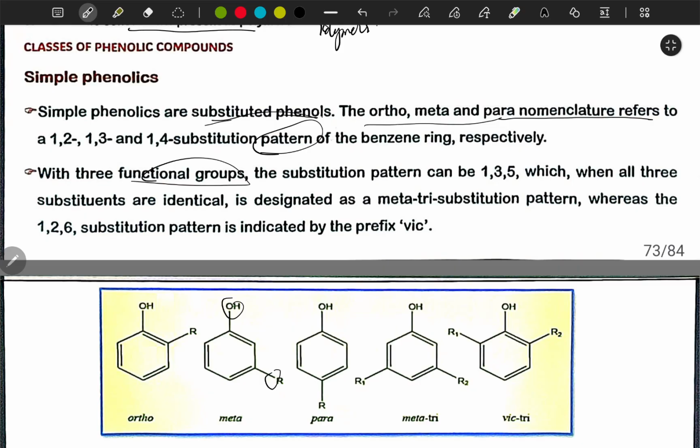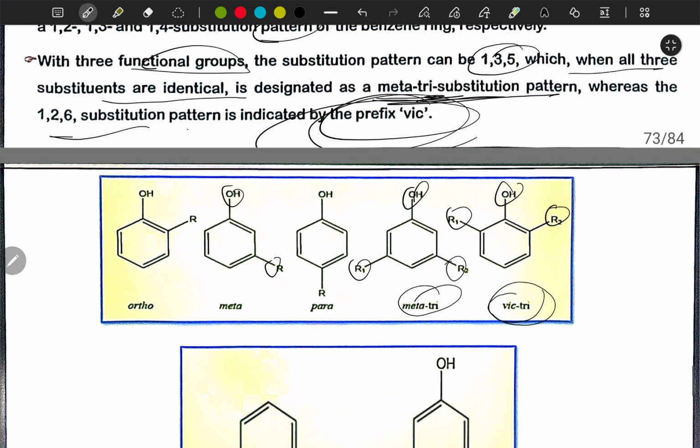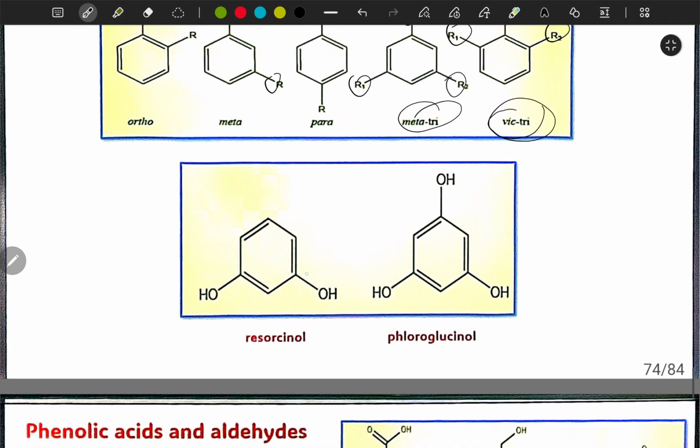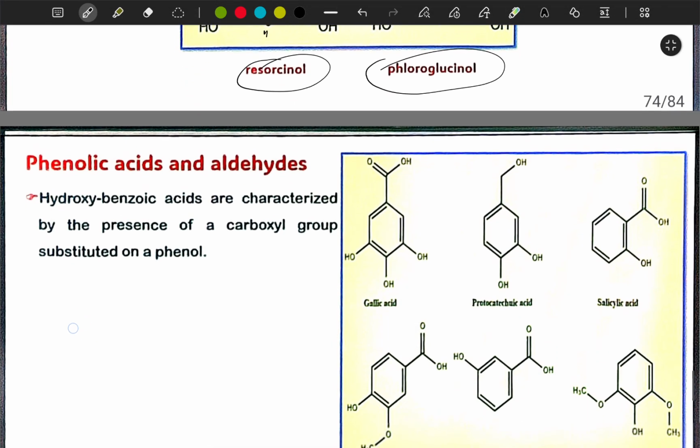With 3 functional groups, the substitution pattern is 1,3,5 when all 3 substituents are identical, designated as the symmetrical tri-substitution pattern, whereas 1,2,6 is the vicinal tri-substitution pattern. Okay, 1,3 is resorcinol and 1,3,5 is phloroglucinol.